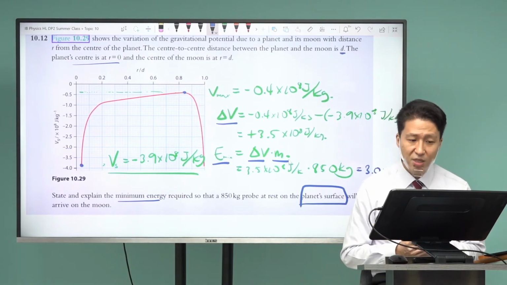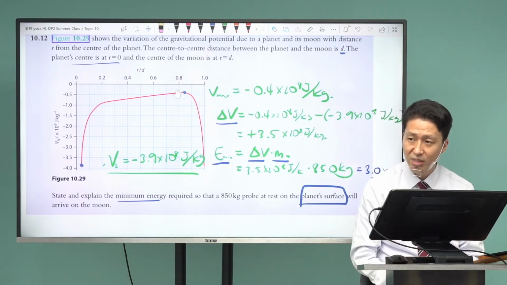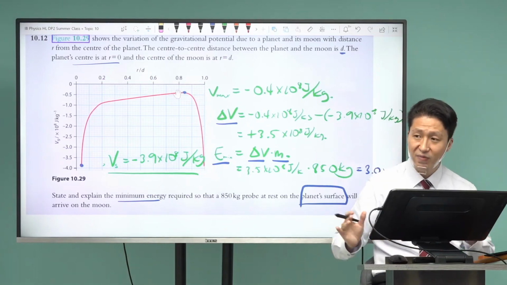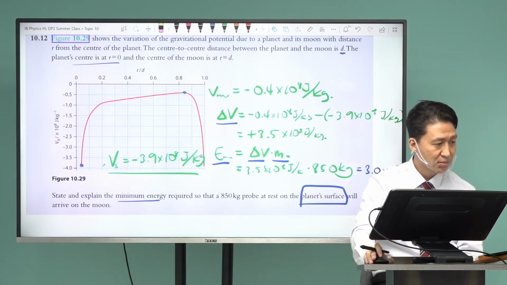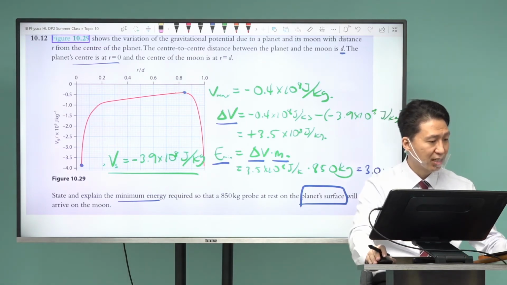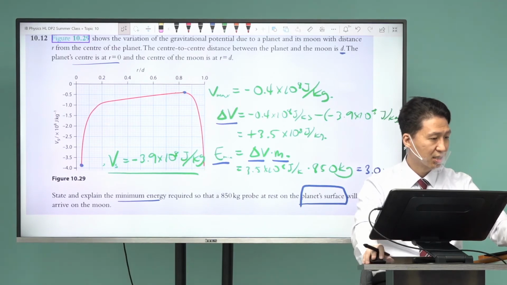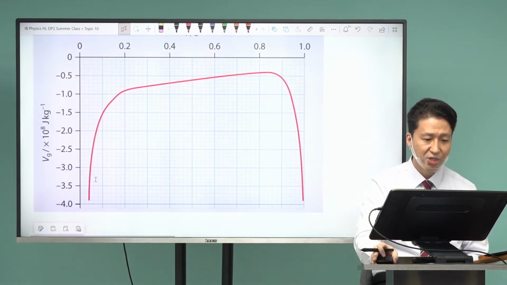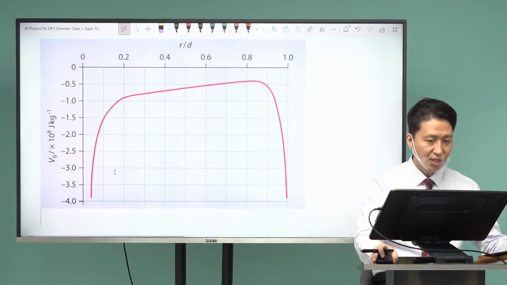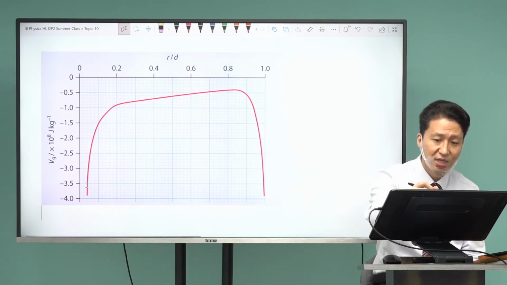Second thing is, where did they get this shape? You have the shape of the potential when you have a planet and the moon. Let's look at the shape more closely. I'm going to paste it back here again. If you look at this shape, let's draw what it would have looked like if we just had the planet.